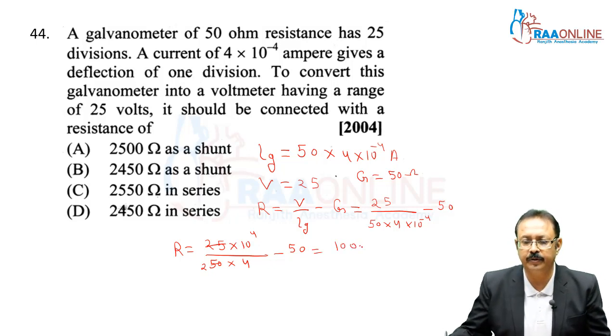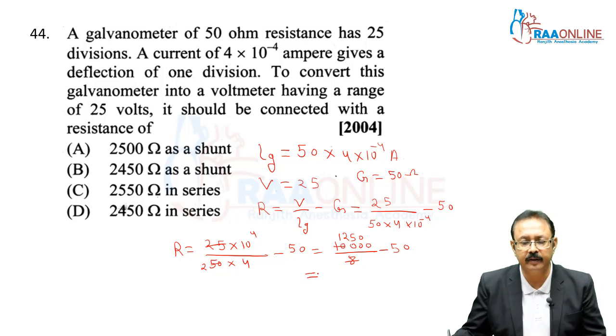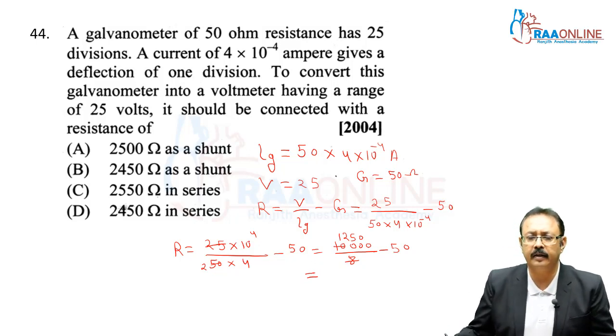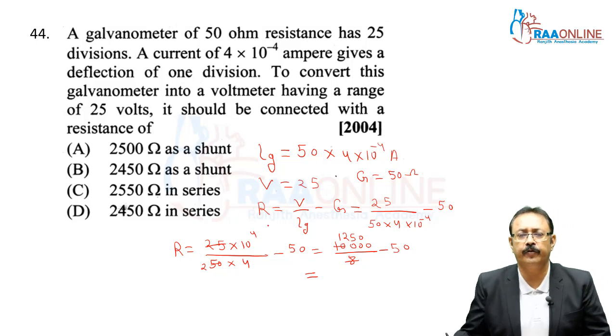It is 10,000 divided by 8, minus 50. 8 twos are 16, 8 ones are 8, 1250. So what are we getting? It is 50 into 50 ohm resistance. G was given 50 ohm.